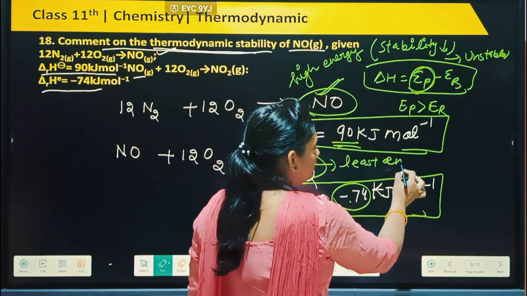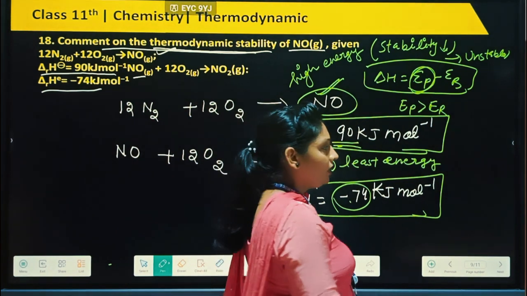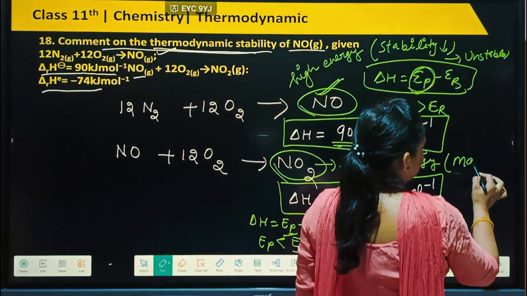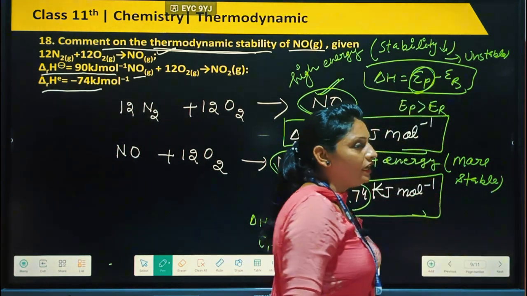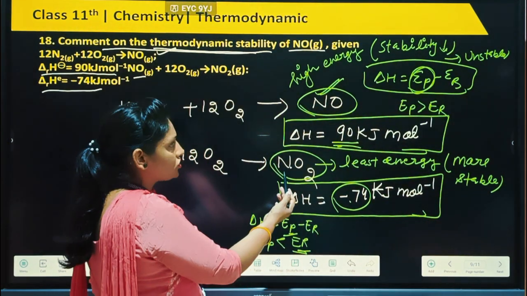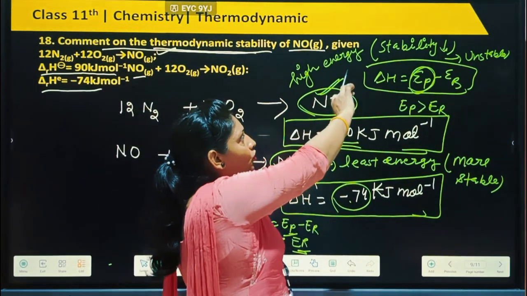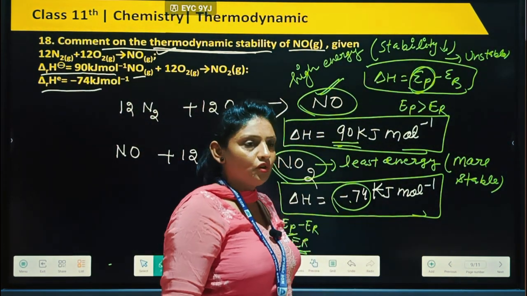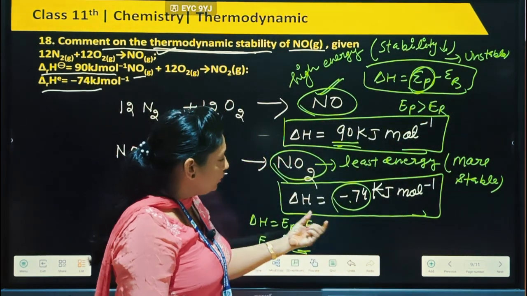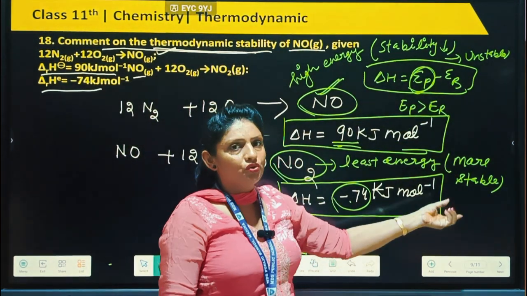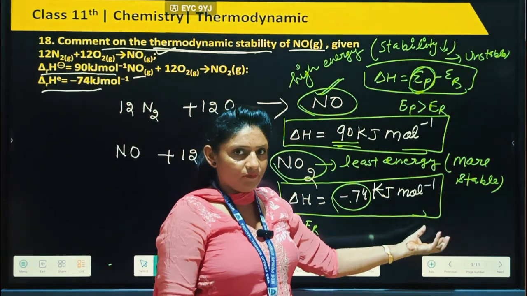If it has the minimum energy, it will be more stable. So students, NO2 is more stable as compared to NO. Because NO has more energy, it is unstable, and NO2 has lower energy, so due to its least energy it is more stable.